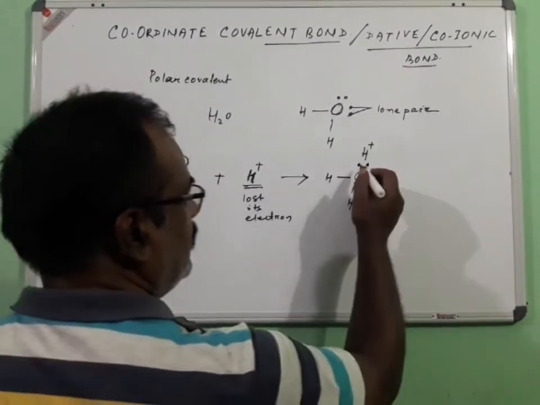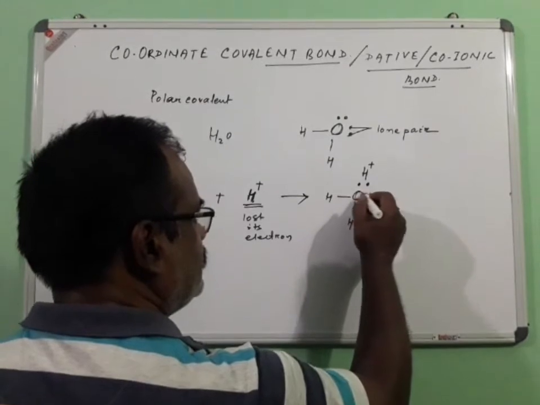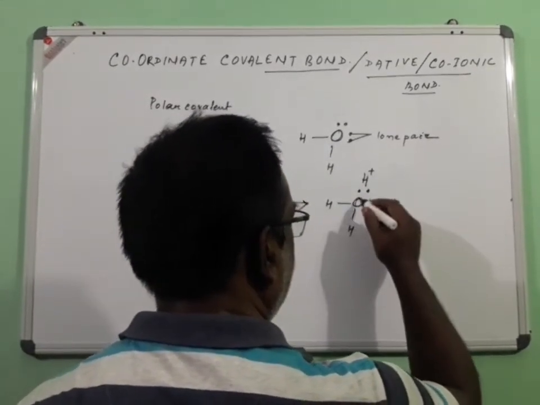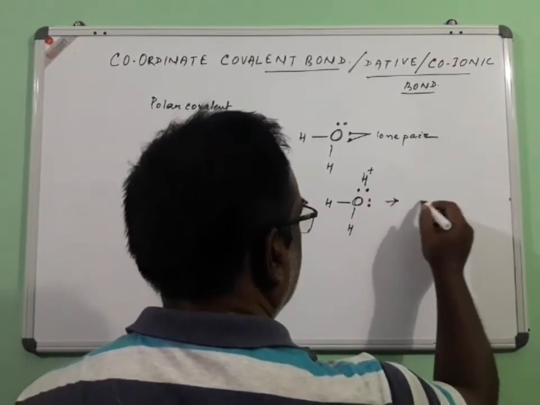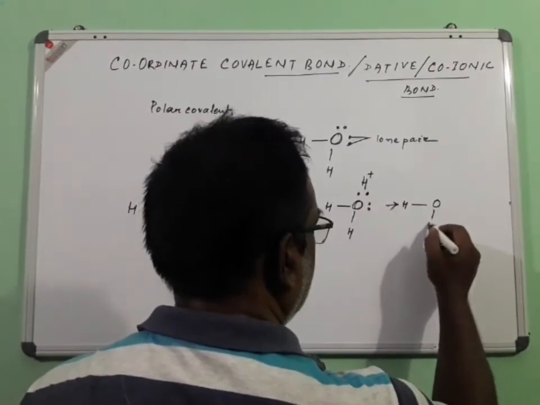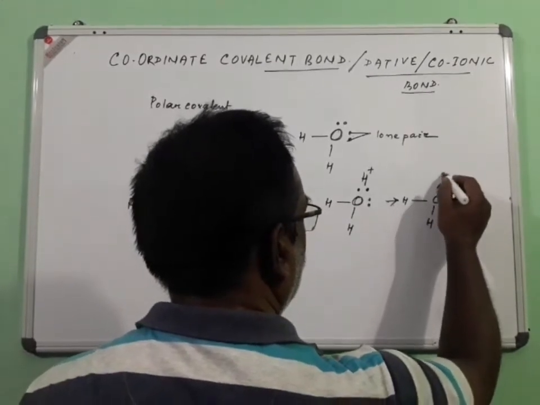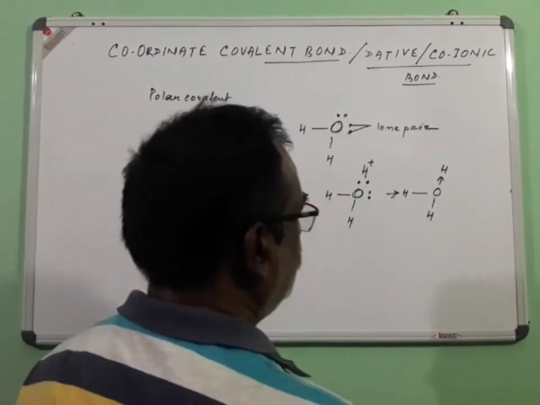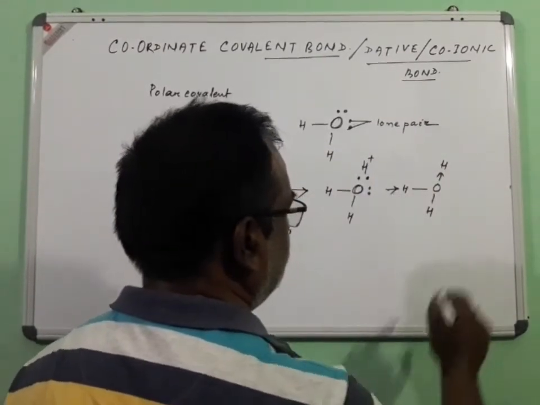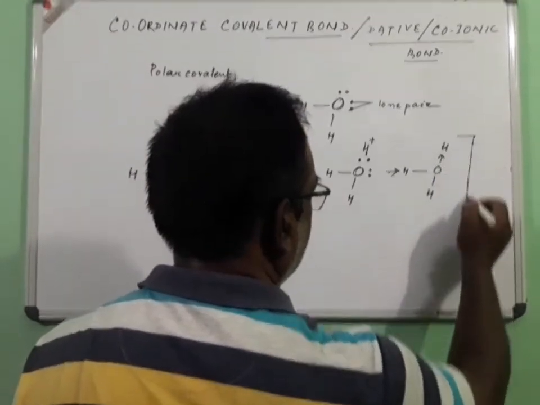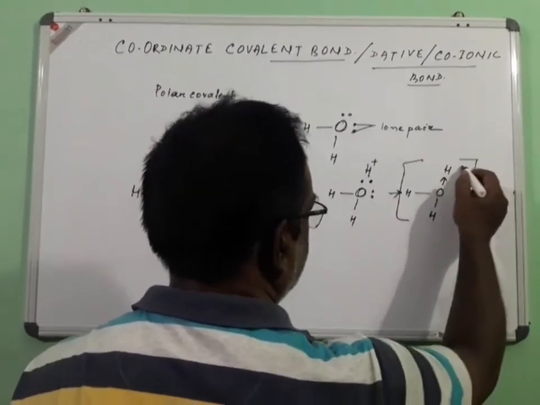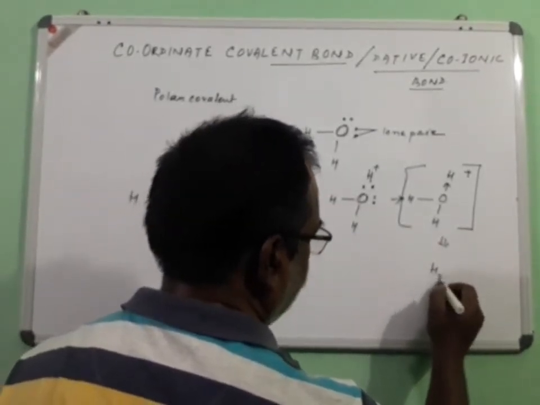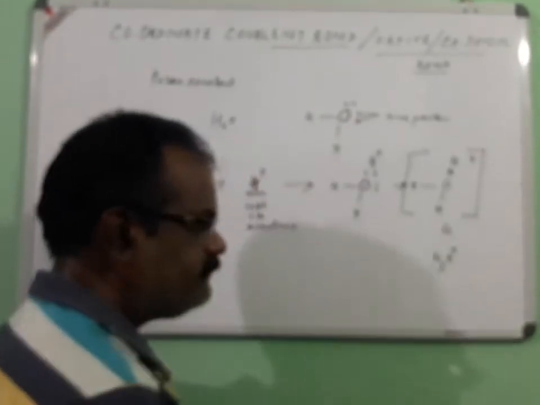This pair is shared by the oxygen, and as a result there is the formation of a bond between oxygen and hydrogen. Since it carries a positive charge, the unstable molecule thus carries the positive charge, and therefore we get the hydronium ion.